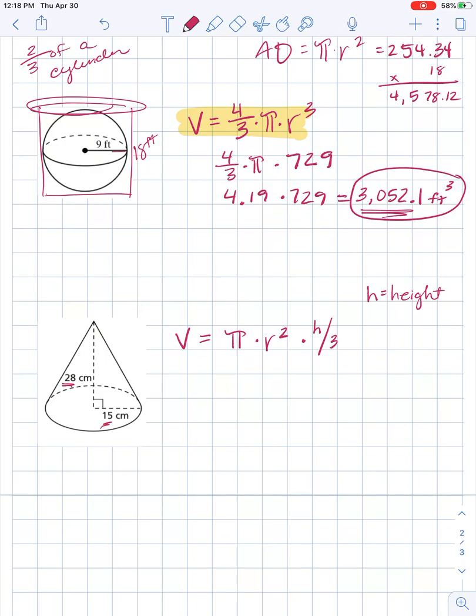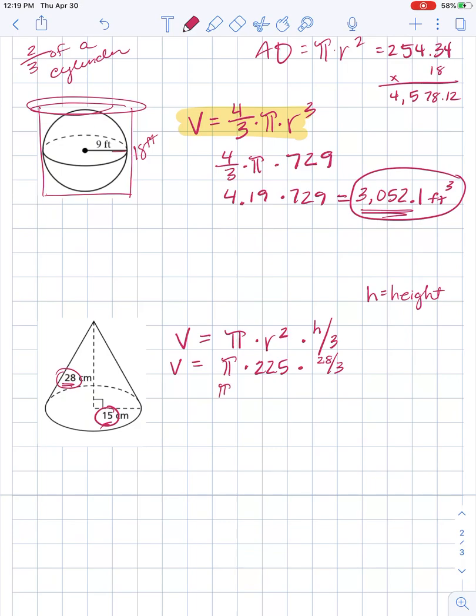Let's plug some things in. Our volume is equal to pi times our radius squared. Our radius is 15, so 15 times 15 is 225. And we need to multiply that by the height divided by 3. So let's take our height, 28, and divide by 3. It's 9.3 repeating.